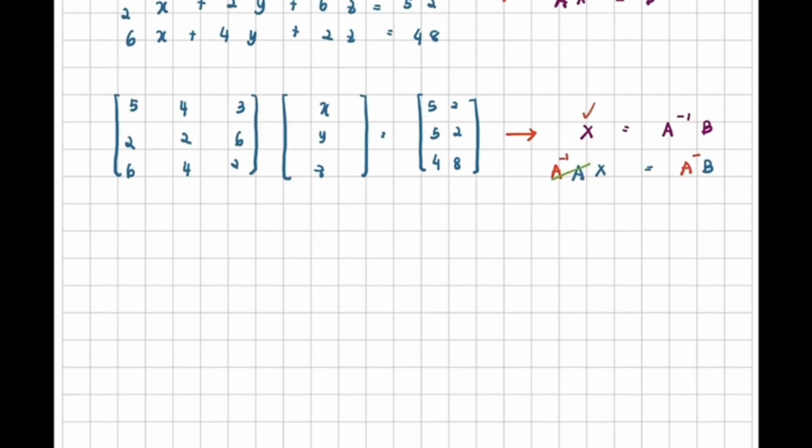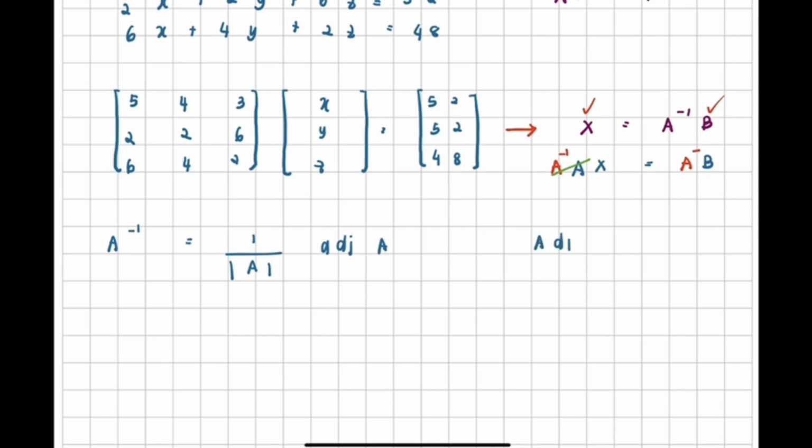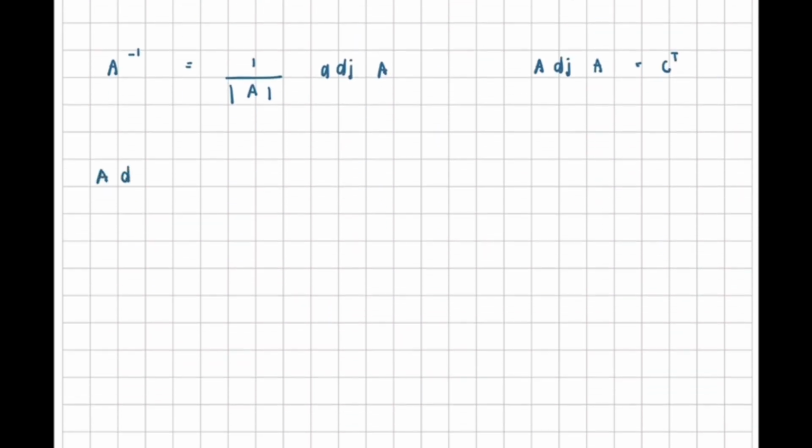Now we already have the X and B value, so we have to find the A inverse value. A inverse equal to 1 over magnitude A times adjoint A, where adjoint A equal to C transpose. Now we will find the C value first, following the formula that we have learned, which is Cij equal to -1 to the power of i plus j times Mij.